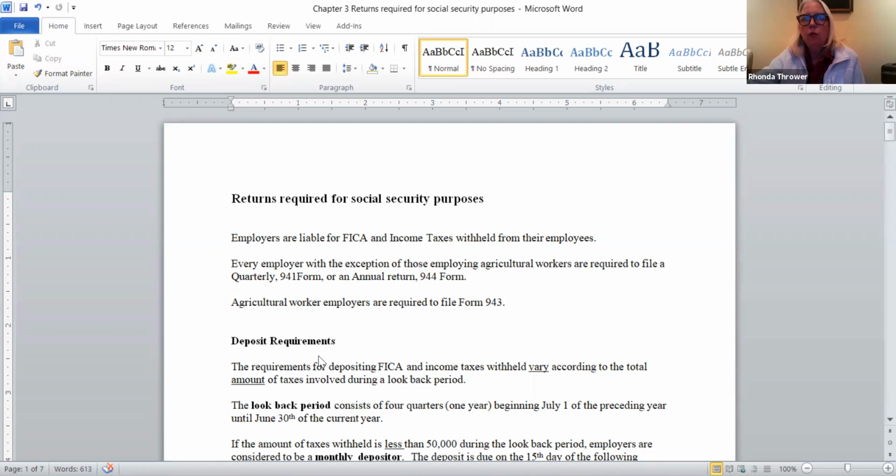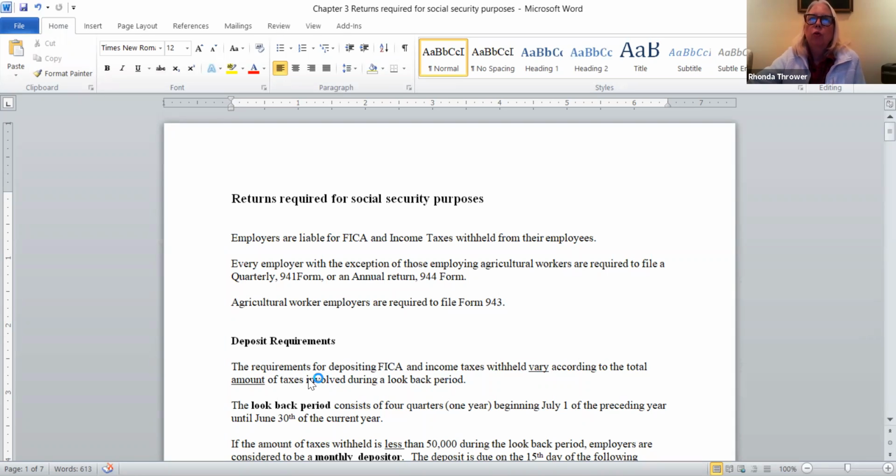The deposit requirements for depositing FICA and income tax. Remember, FICA tax is what we're discussing in this chapter, which would be your Social Security and your Medicare tax. And the income taxes that are withheld will vary according to the total amount of the taxes involved during what we call a look-back period.